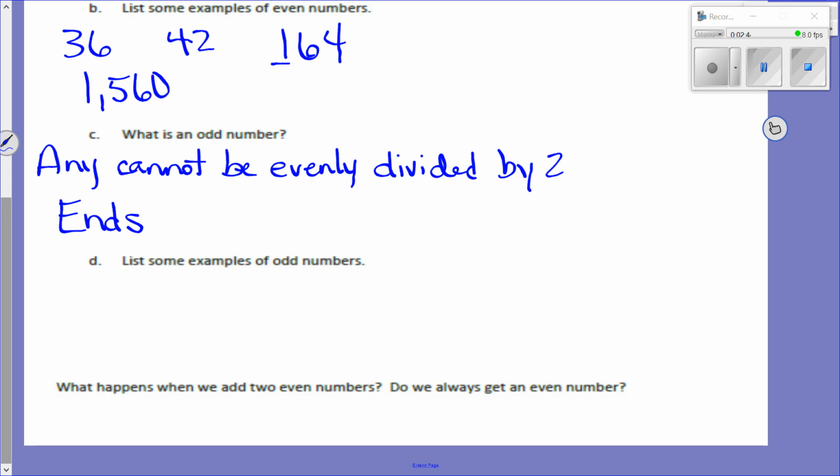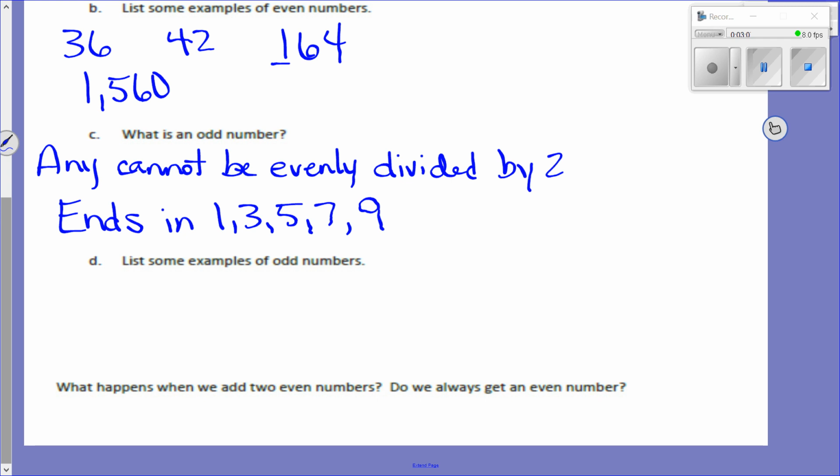What do you think, Isaac? It does not have 0, 2, 4, 6, or 8 at the end. So what numbers does that leave us? 1, 3, 5, 7, and 9.